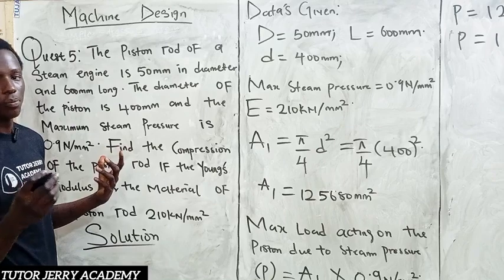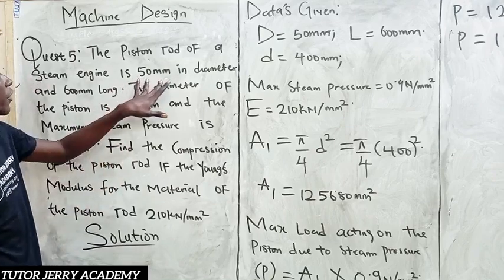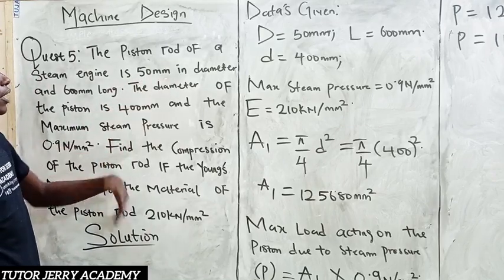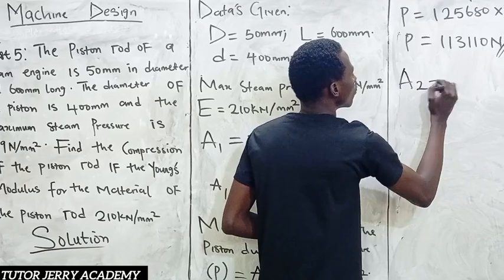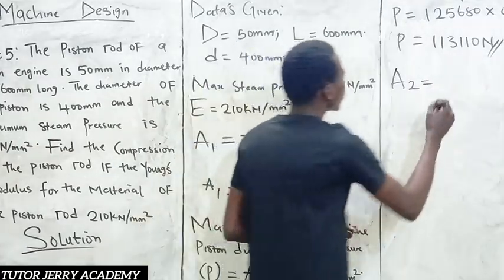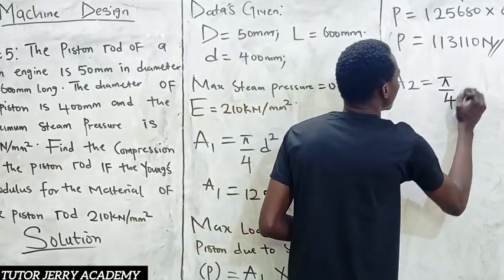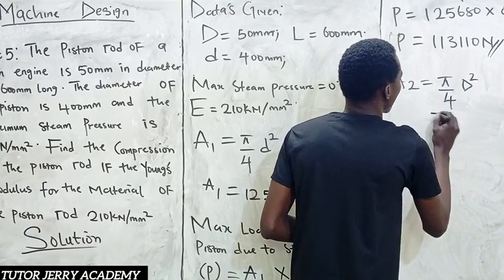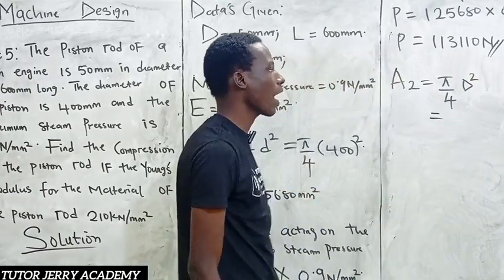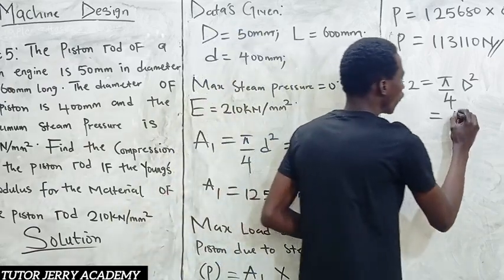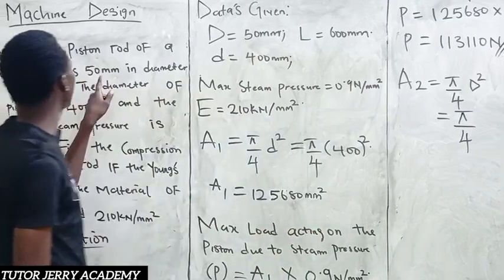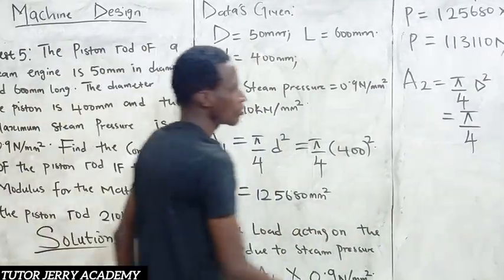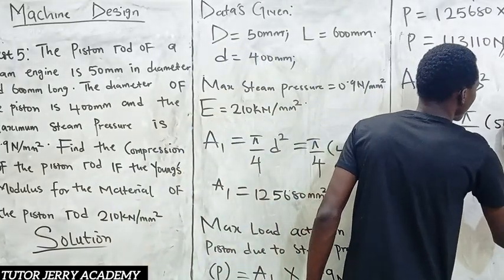Now, in order to get the area of the piston rod, we are being given a diameter of 50 millimeter. So we can say our A2, which is the area of the piston rod, is nothing but pi by 4 d square. If we substitute, we have pi by 4 into 50 square.